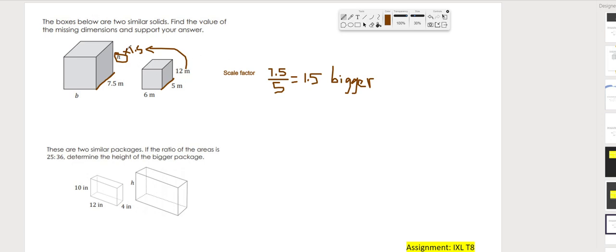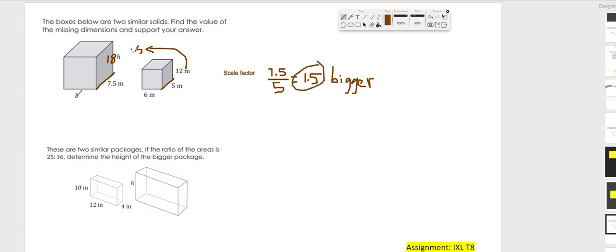So H in this case is 18. Just to double check, if I take 18 and divide by 12, I get 1.5, which is the same scale factor.